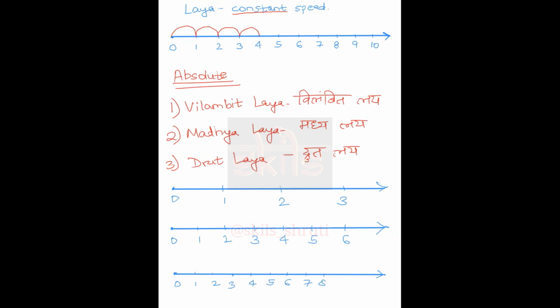Now what is happening here? So the time required to say, for example, 3 beats of your Vilambit lay might be the time required to say 6 beats of your Madhya lay. Why? Because now the beats are closer together. So we are able to say more numbers, and in Drut lay you will be able to say even more numbers as compared to your Madhya and Vilambit.